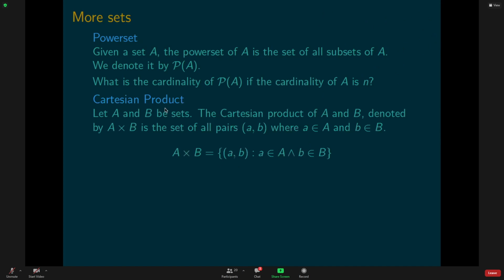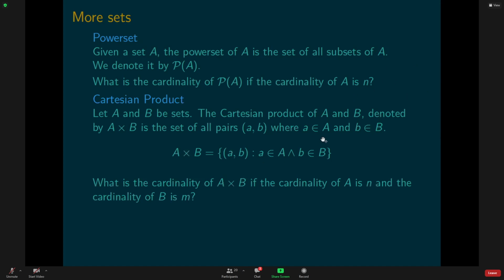Now, the Cartesian product of 2 sets is the set of all pairs where the first element is from the first set and the second from the second set. What is the number of elements in the Cartesian product of A and B?